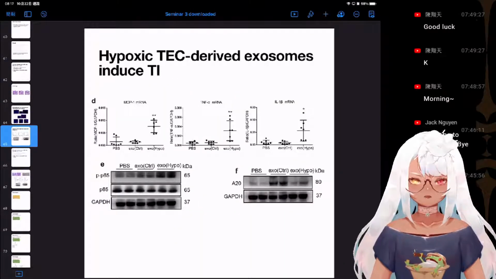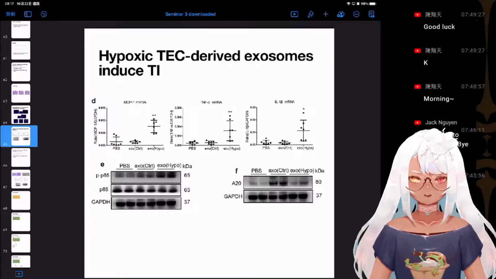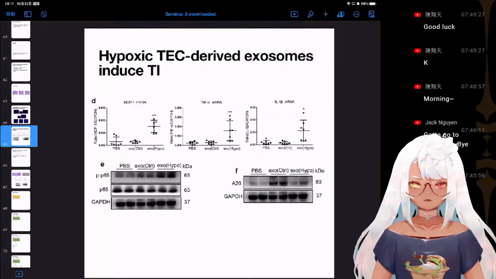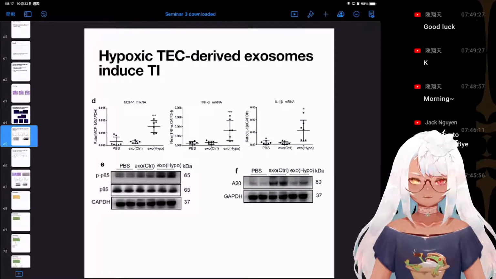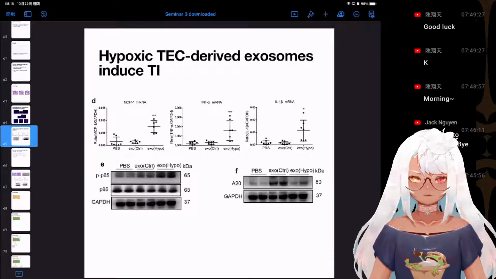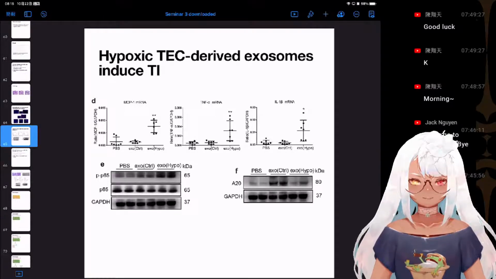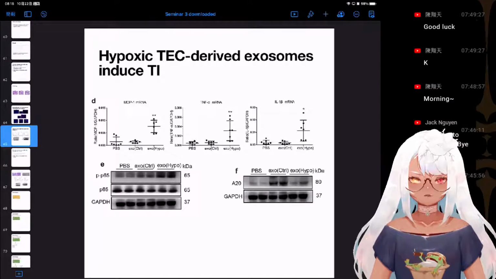Okay. Also, in RT-qPCR, we confirm that the treatment of these hypoxic exosome will increase the inflammatory molecules, phospho P65, and decrease A20 level.